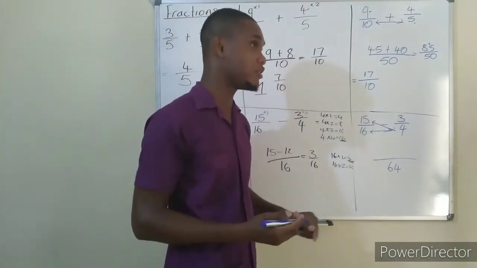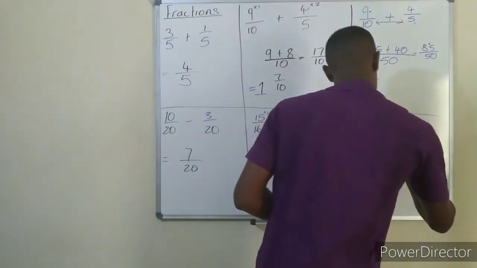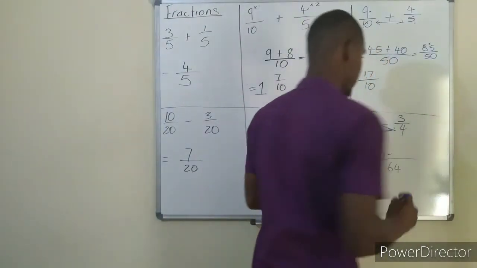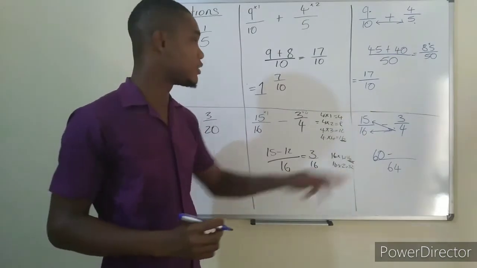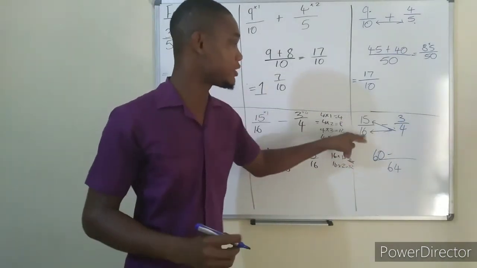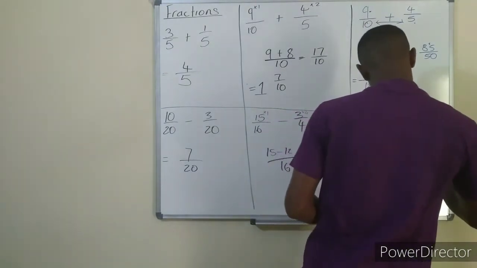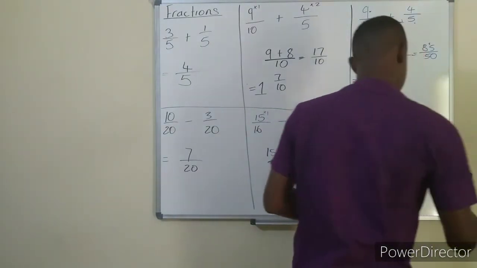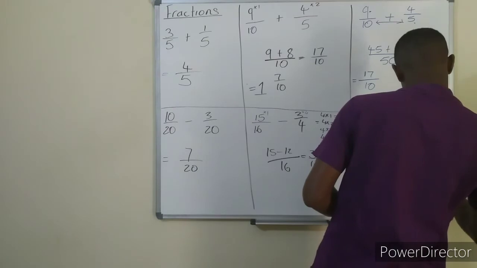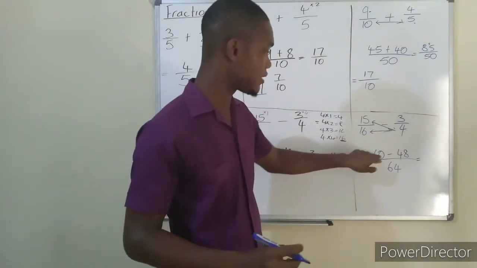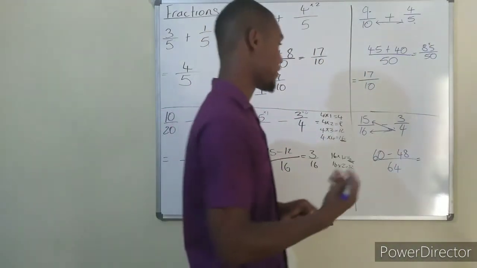So 4 times 15 is 60, minus 3 times 16, which gives you 48. And so now 60 minus 48 gives you 12.